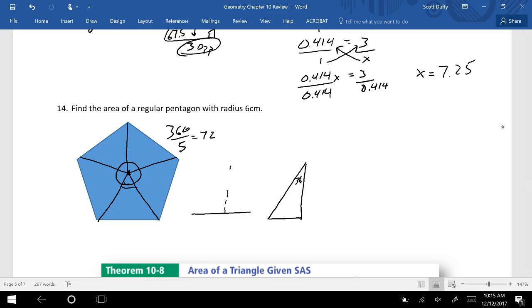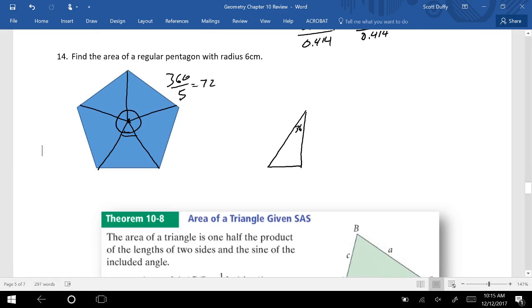So let me redraw this real quick. 6, 6, 6, 6, 72. Good. So this would be 6. This would be 90.